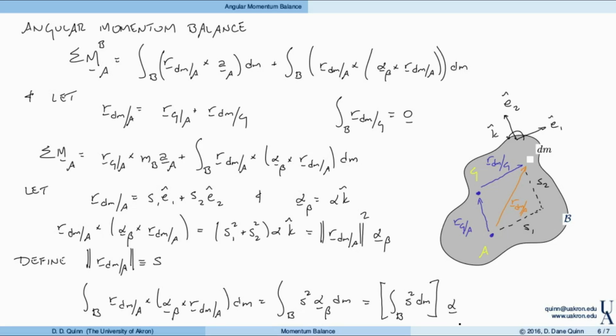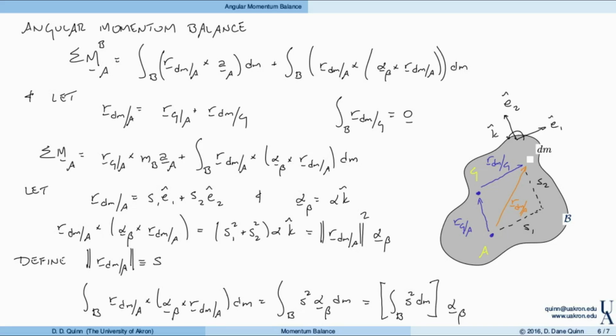times alpha. So now this piece in brackets is just a property of the shape and mass distribution of the object. It doesn't depend on the motion. It's simply the integral of each mass element's distance from the point A squared, integrated over the body. Again, it's something we can calculate ahead of time, where we don't need to know how the object moves in order to calculate this integral.